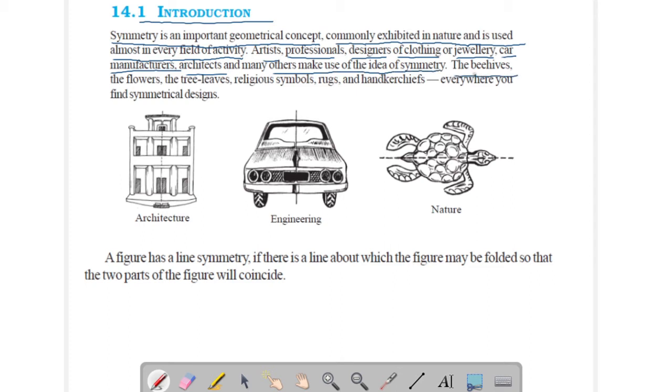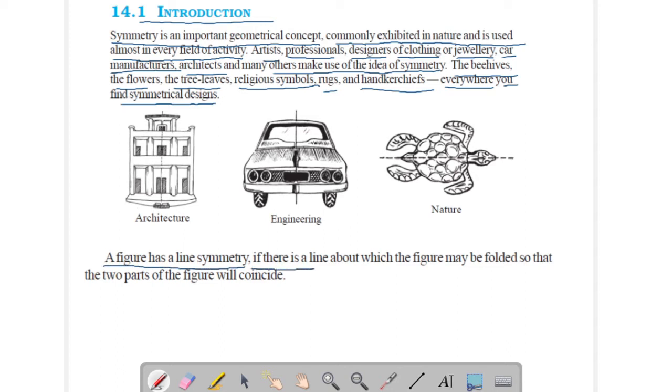The petals of a flower, the tree leaves, religious symbols, rugs, and handkerchiefs. Everywhere you find symmetrical designs.